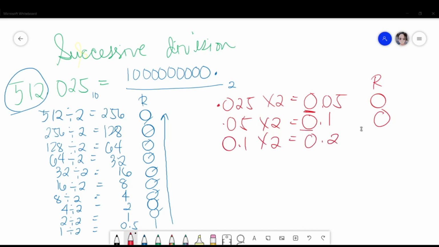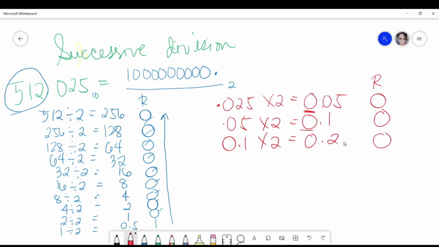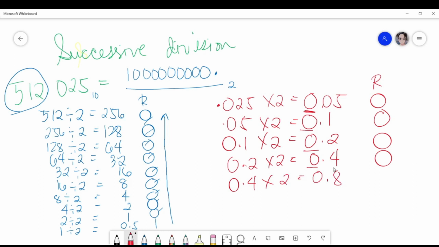Is that right? So 0.2 times 2 is 0.4, the whole number is 0. 0.4 times 2 is 0.8. You can calculate on your cellphones to check if it's correct. So 0.